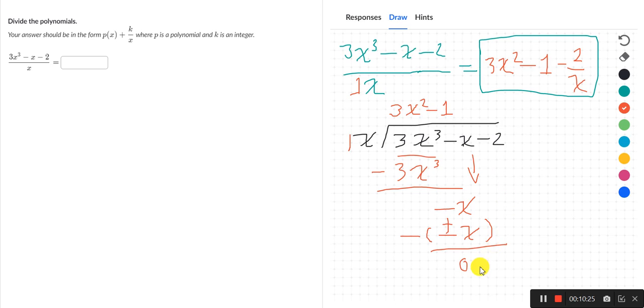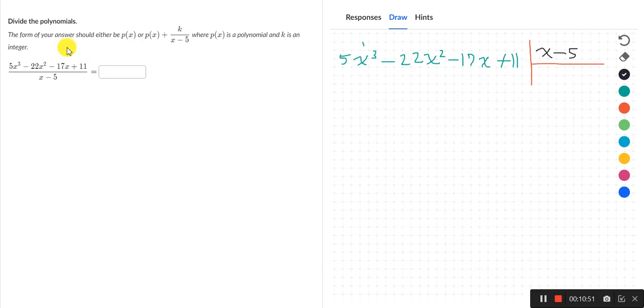This is 0. And then you have a remainder of negative 2, which you cannot divide. You cannot divide a constant integer by a variable. So your answer is going to be in this form: negative 2 over x. And you see, in both cases, that's the same answer.